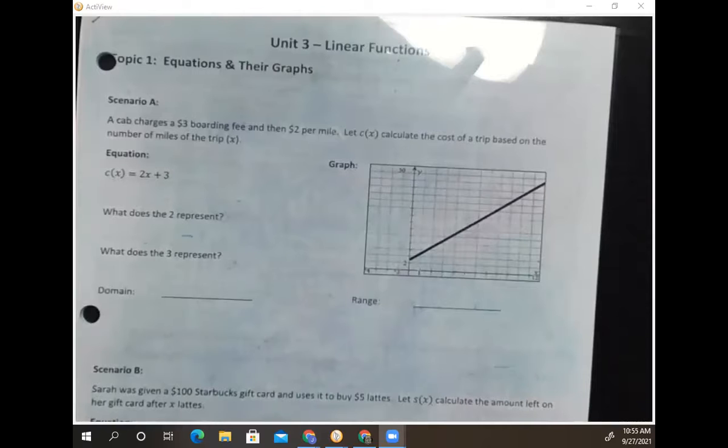So what we're going to look at in this unit are graphs of linear functions, writing linear functions, tables that represent linear functions, different equations I could use to represent linear functions. There's the different format options I have, and then key features of these linear functions. So we'll talk about x and y intercepts again. We'll talk about slope. We'll talk about everything that is an important feature or property of linear functions.